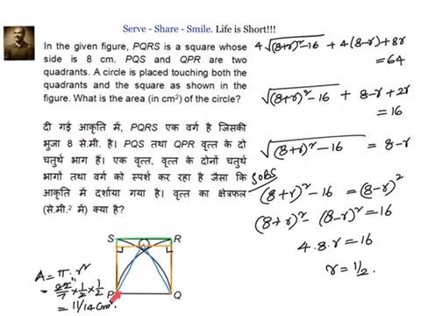The concept we used is that the distance between centers of two circles touching each other externally is the sum of their radii. So we have r here, and 8 plus r, 8 plus r. We have one isosceles triangle, two right angle triangles and one rectangle. All these involve the variable r, and their areas should sum up to the area of the square, 64. We kept that condition, solved for it and found r equal to 1 by 2. Therefore the area equals 11 by 14 cm square.